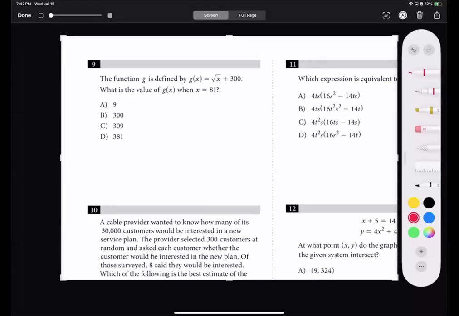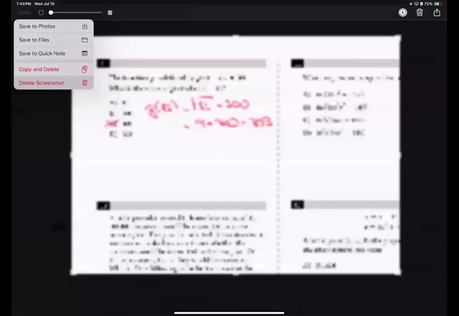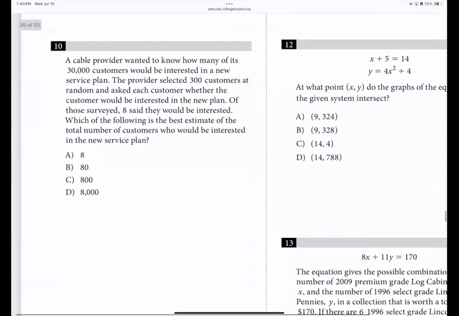What is the value of g of x when x is 81? So g of 81 is the square root of 81 plus 300. The square root of 81 is 9. 309. Super easy. Next one.